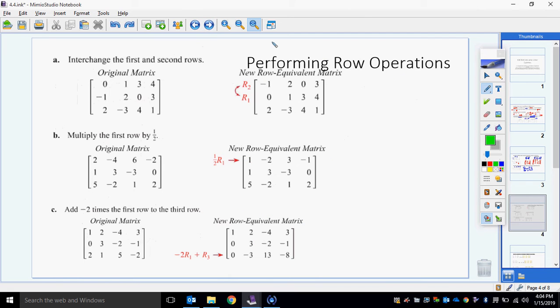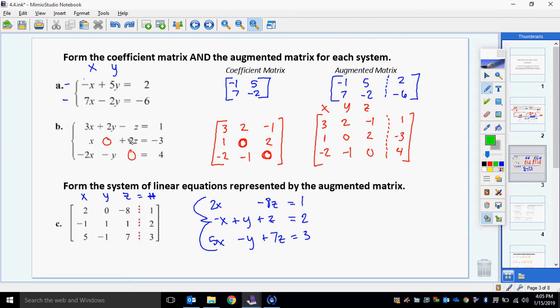So let's just talk about those row operations to refresh your memory, and it won't be tested over. However, you do want to pay attention during this part because it will help you solve systems, okay?